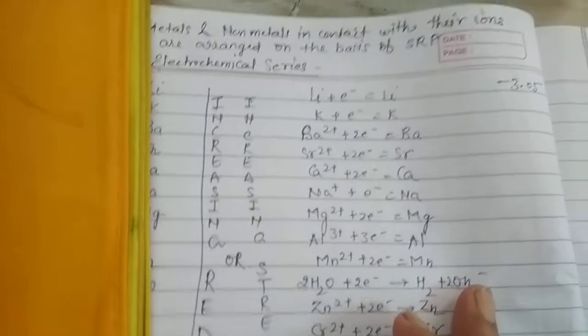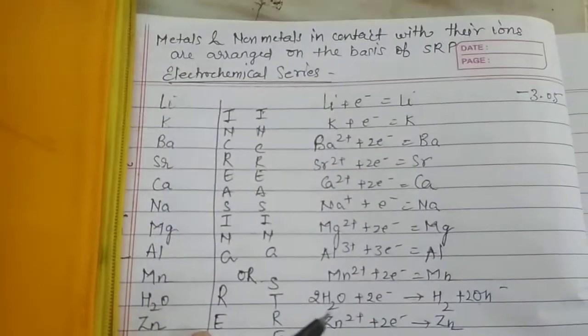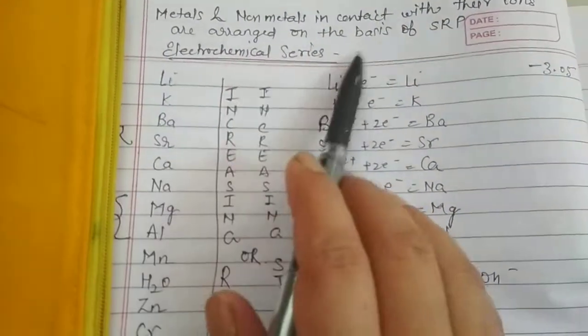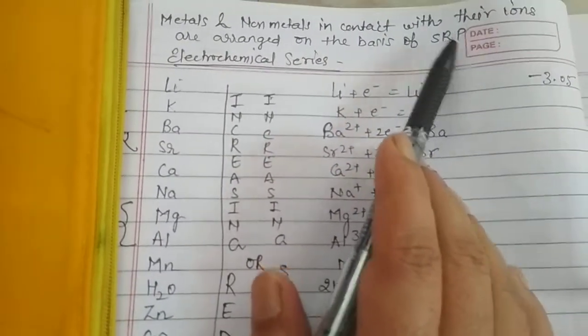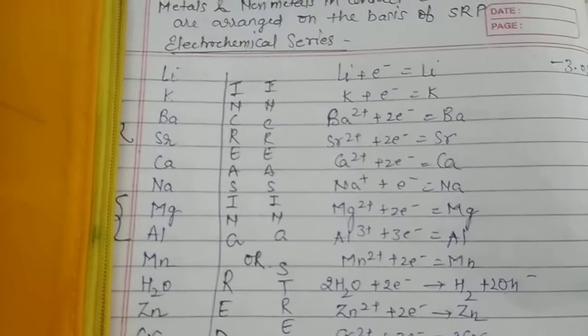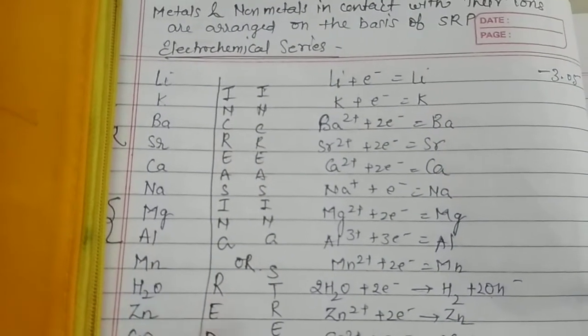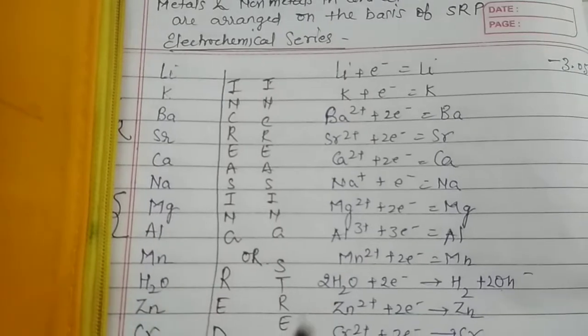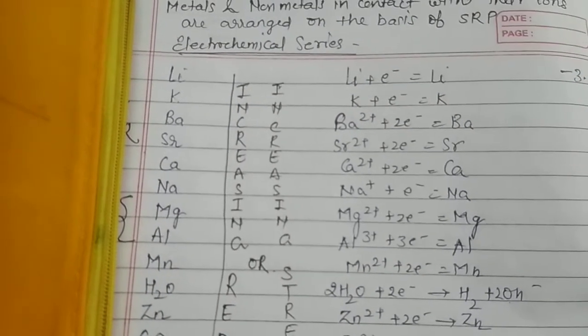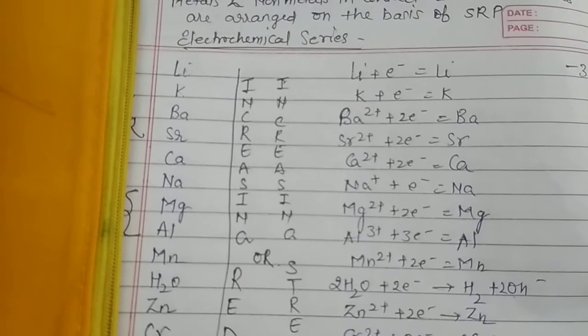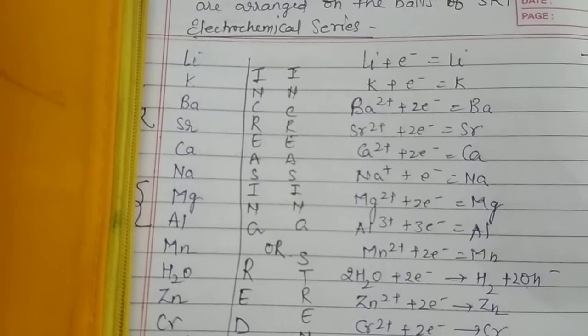So what is the electrochemical series? Basically, it is a group of metals and non-metals in contact with their ions, arranged on the basis of their SRP, standard reduction potential. With the help of SHE we can calculate the standard reduction potential of different metals and non-metals, and there are a number of applications of the electrochemical series.